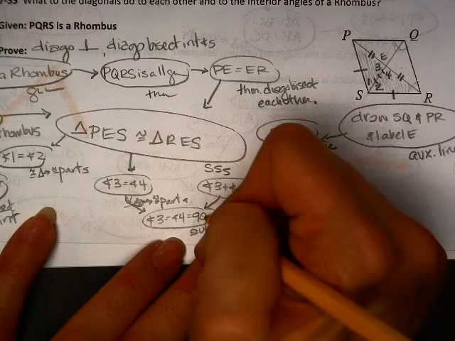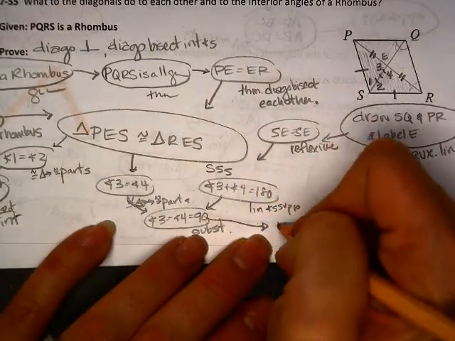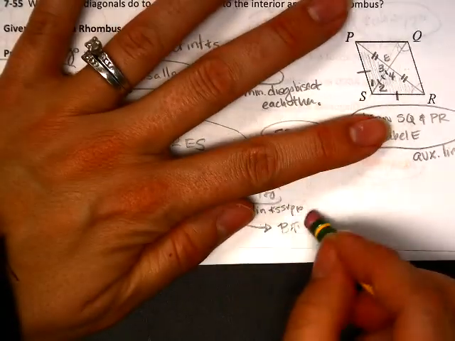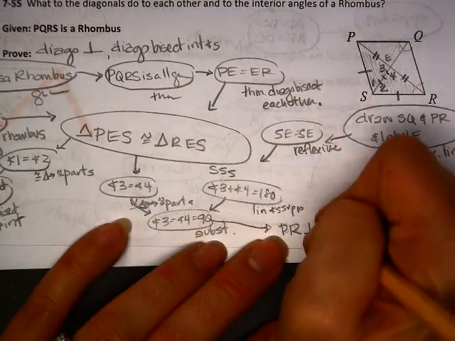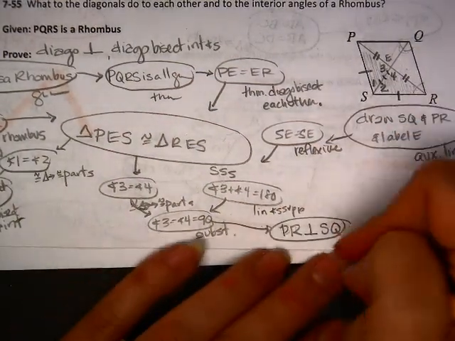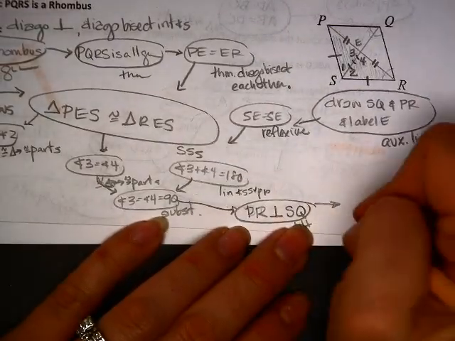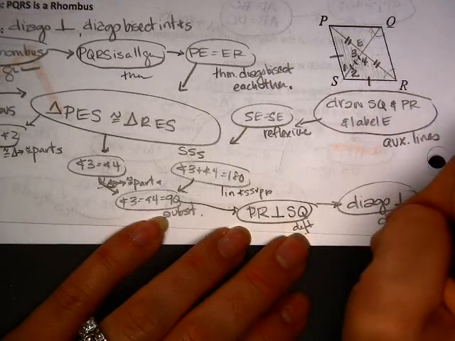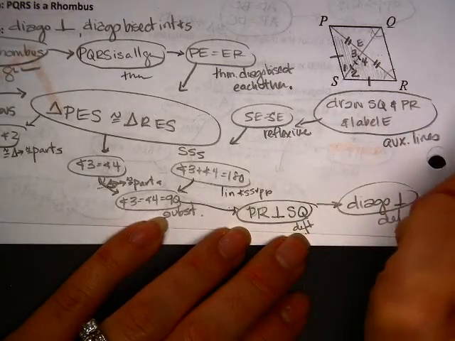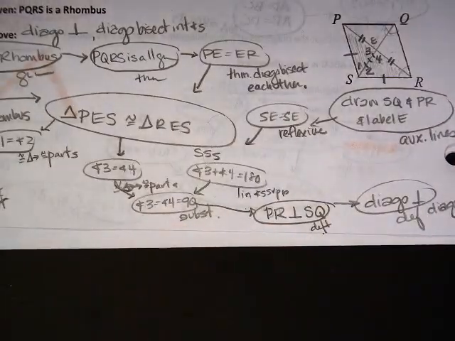And if they're 90 degrees, what that means is that PR is perpendicular to SQ. Definition of perpendicular. And oh, I needed to actually say the diagonals are perpendicular. So that is the definition of diagonals. Okay?